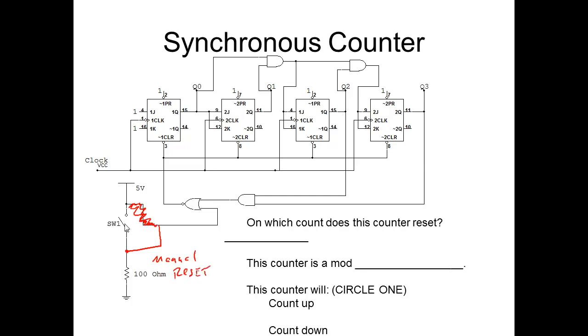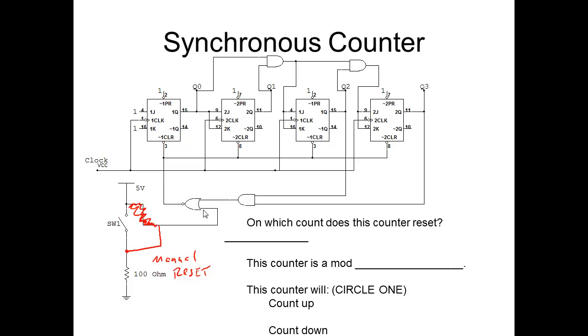It allows you to push the button and tell it to go to a reset condition right there. In other words, go to 0. Now start counting up. And then if you want to stop in the middle, you can hit it again and it'll reset. So it's a good way to get it to go back to the start position whenever you want, because maybe you want to stop it at 5, and sometimes you don't want to have to wait around for it to go all the way around. So you can hit that button, and it'll start back up.